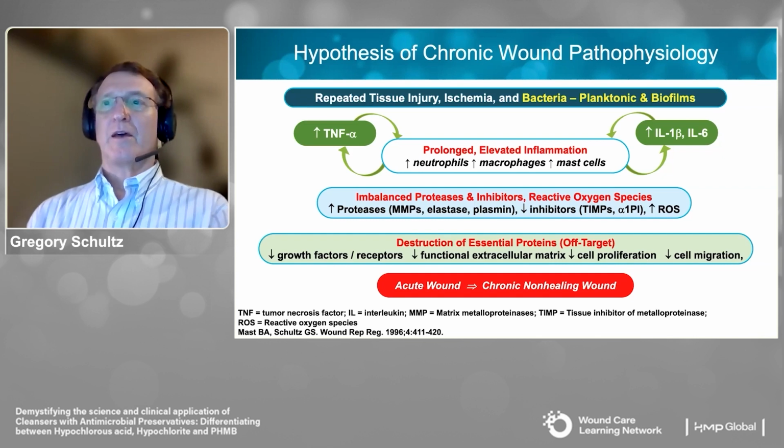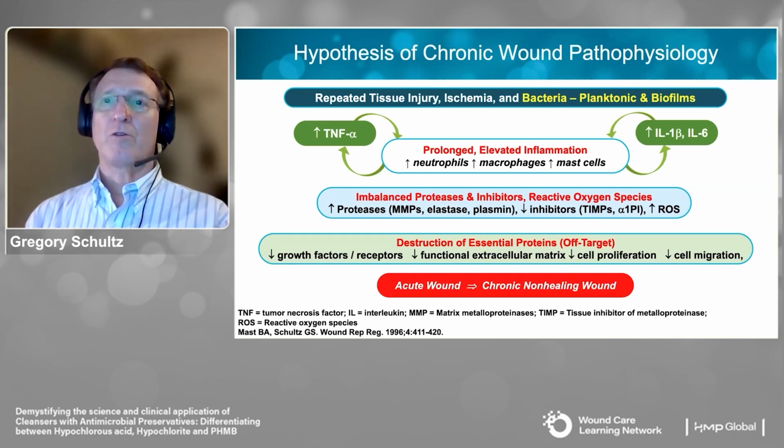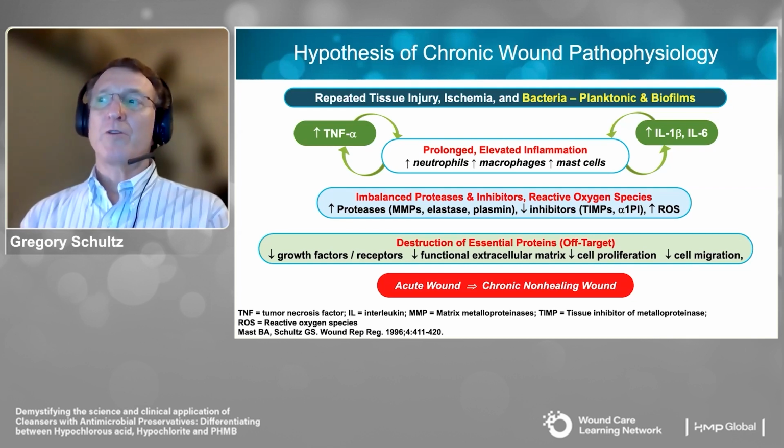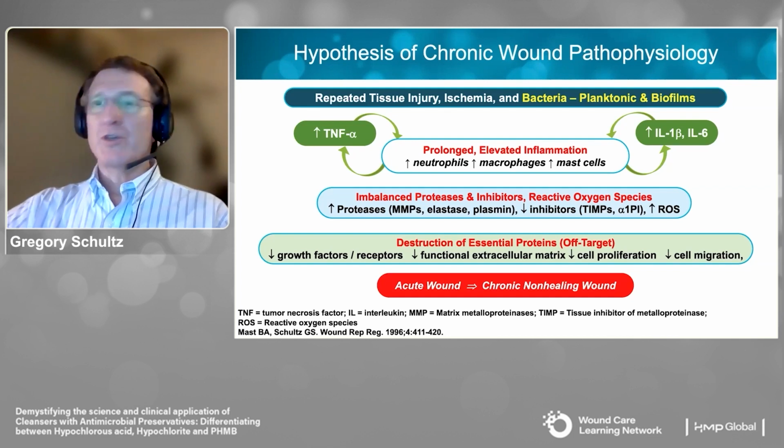And that results, as I'll show you, in the generation of reactive oxygen species, which are critical in terms of the neutrophils and macrophages engulfing and killing the bacteria they've engulfed, but also in producing and releasing proteases, such as the matrix metalloproteases, as well as elastase.